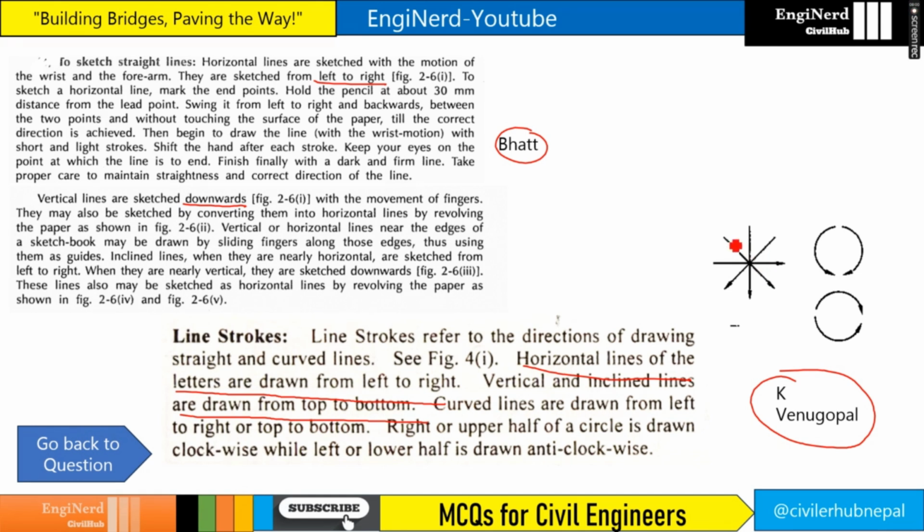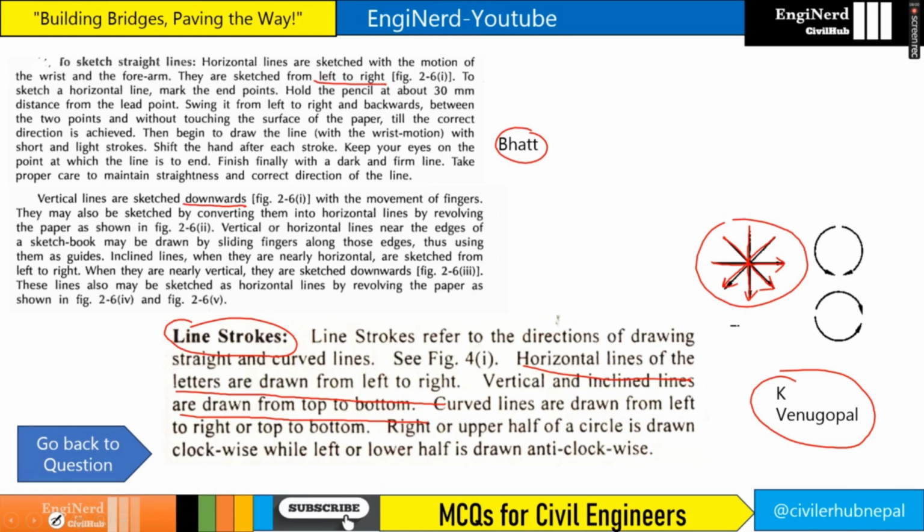If you see this particular figure here, you can find vertical lines are drawn from top to bottom and horizontal lines are drawn from left to right, and inclined lines are also drawn from top to bottom, right? So this is for the line strokes. Line strokes refer to the direction of drawing straight and curved lines, right? So horizontal lines left to right and vertical lines top to bottom.